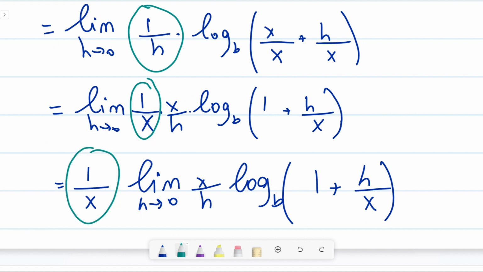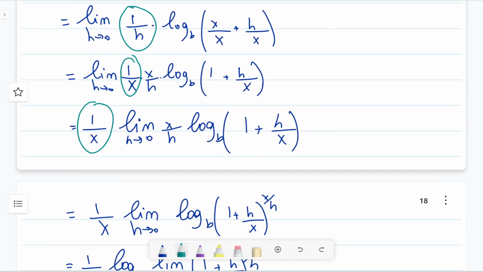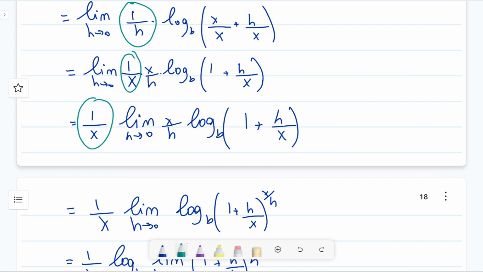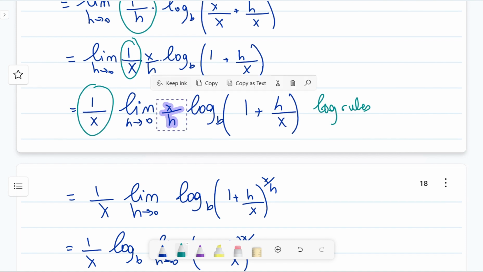This leaves me with 1 divided by x times the limit as h approaches 0 of x divided by h times log base b of 1 plus h divided by x. So again, as you know, with log rules, if I have a constant here or a number, I can take it to the exponent.